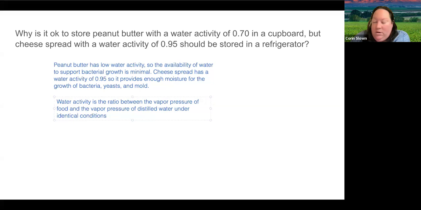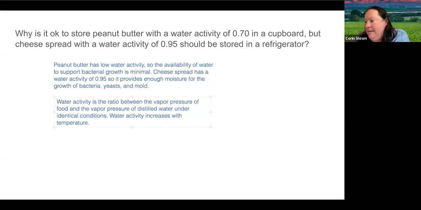It's important to note that our water activity increases with temperature, which makes sense because we're looking at vapor pressure.